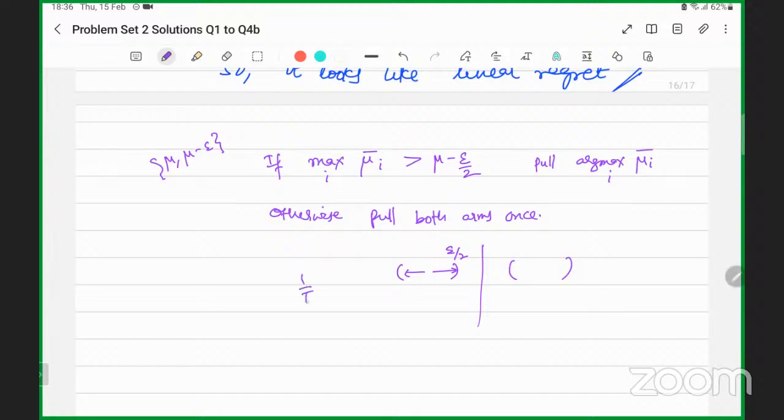You want to say that with probability greater than or equal to 1 minus 1 by t, the confidence interval is less than epsilon by 2. By using Hoeffding, we know how to do this, right?